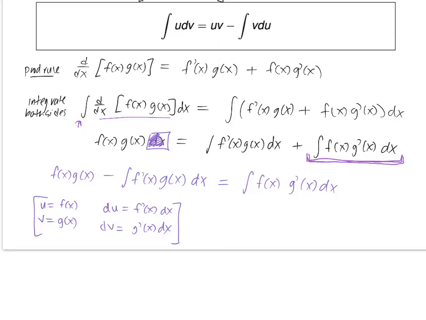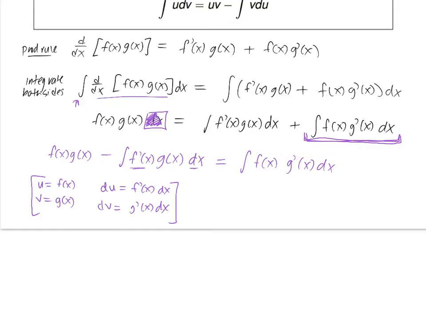Replace the f's by u's, the g's by v's. The f prime dx gets replaced by du. And I think you get uv minus integral, so the f prime dx, that's du, g is v, equals integral u dv.